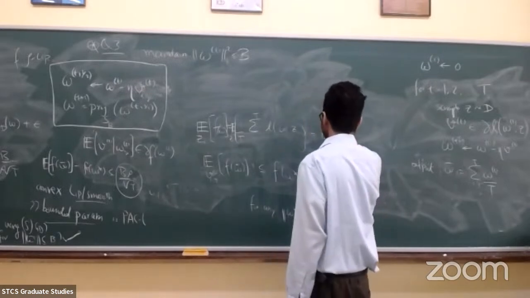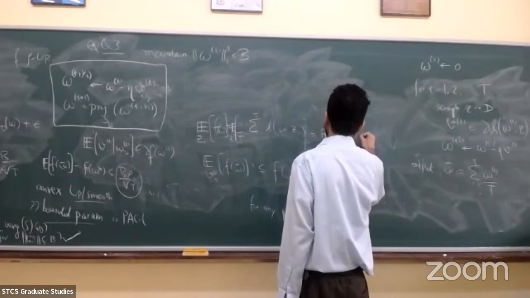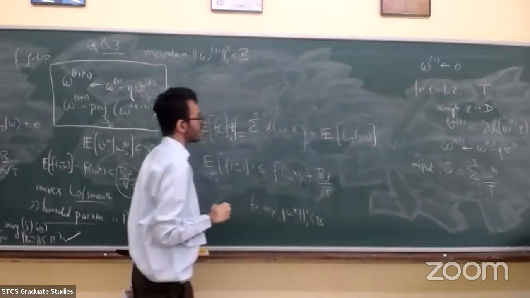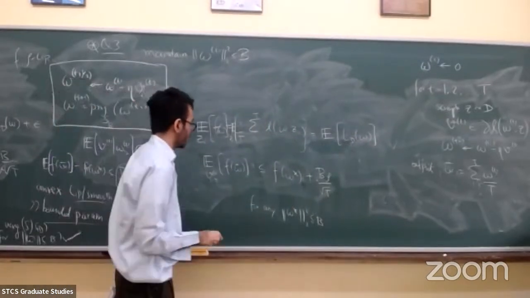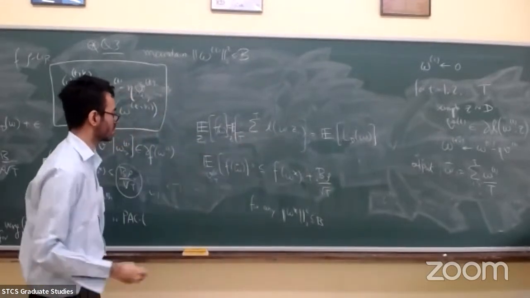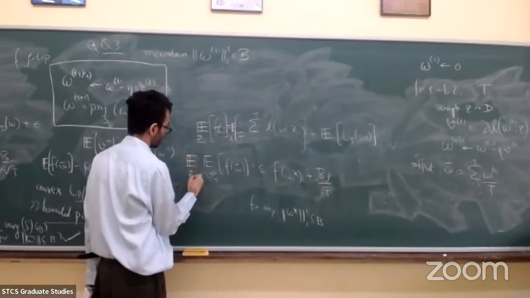So this is the expected loss over the distribution. Does that make sense? So that's a fact, obviously. So now I do this: take expectation over Z on both sides.